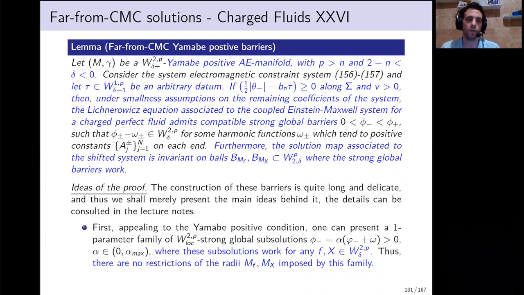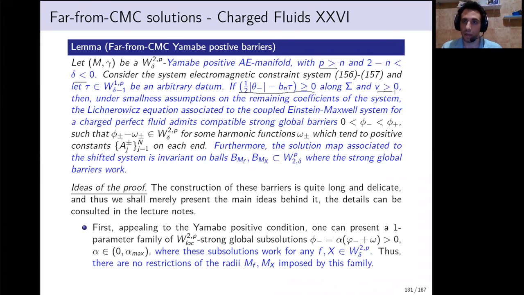And the construction of far from CMC barriers is given in this lemma. So we have a Yamabe positive asymptotically Euclidean manifold with our regularity assumptions. We consider our system. We impose this condition on the data in order to satisfy the marginally trapped condition.